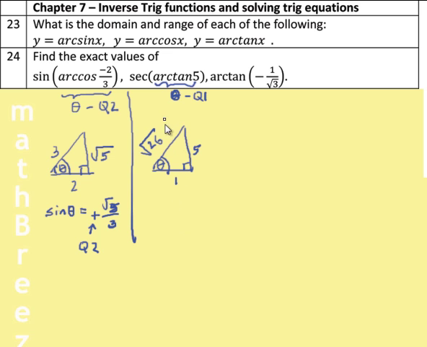And now we want to know the secant of theta. Secant is 1 over cosine. So that would be hypotenuse over adjacent. So that would be square root 26 over 1. And it's positive because we're in quadrant 1.